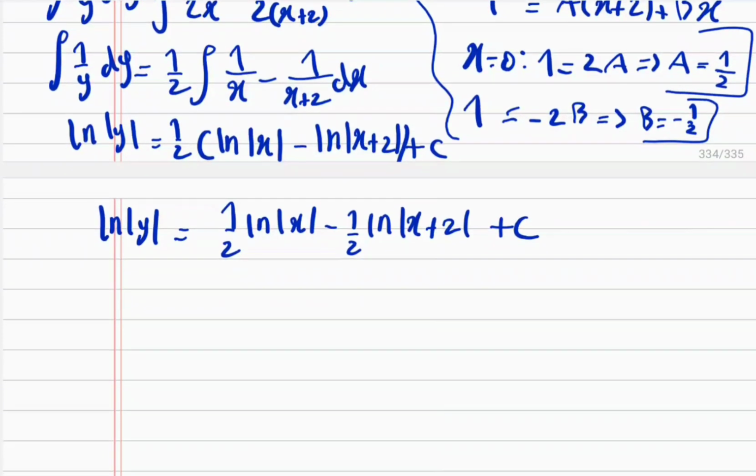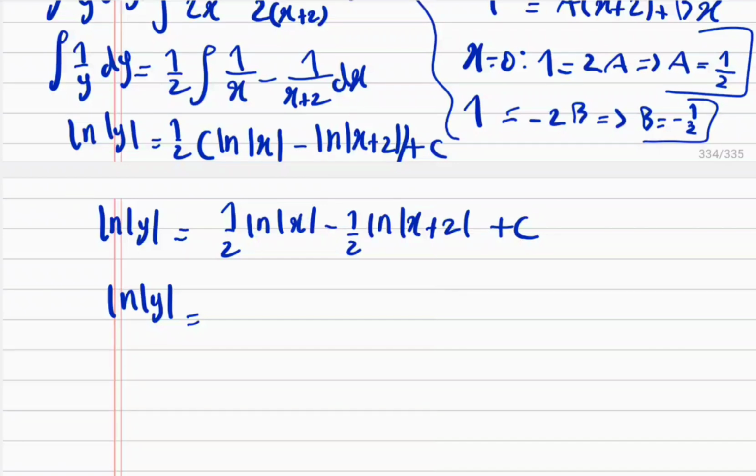And for the next step, we can rewrite this as ln modulus y is equal to... Now for here, remember from the properties of logs, first of all, when we have a coefficient, that can be the power, so this is the same as ln modulus x to the power of half.